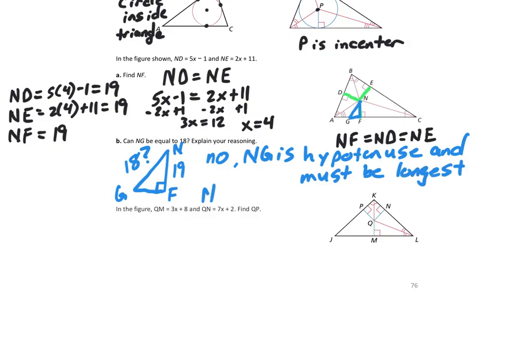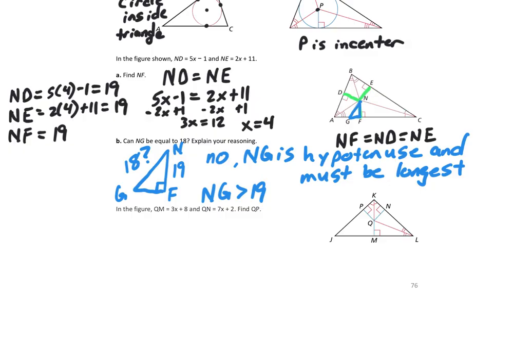So what I would say here is that NG has to be at least greater than 19, because 19 has to be smaller. 18 is not. So it's definitely not 18.